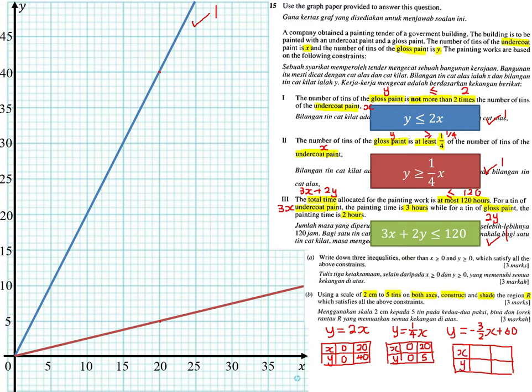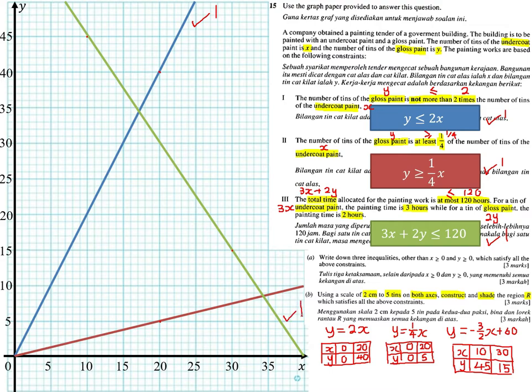Maybe I will start from 10. If we substitute 10 inside, it will give me 45. For the second point, I can use 30 maybe. It will give you 15, right? That will give us our second point here. So just join these 2 points, then we get our third line. Once we get all three lines correct, then you will obtain your second mark.